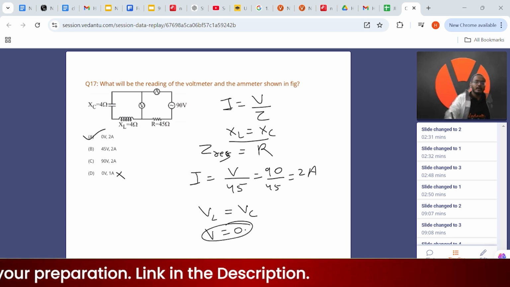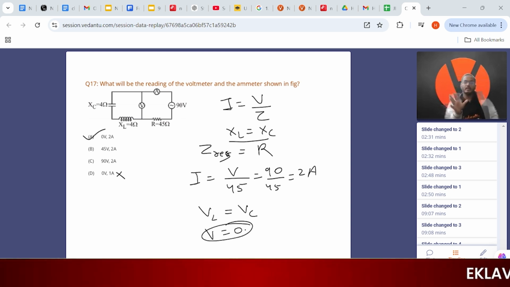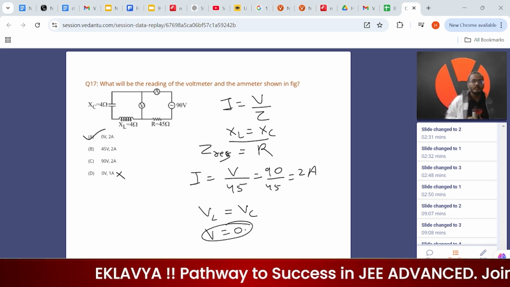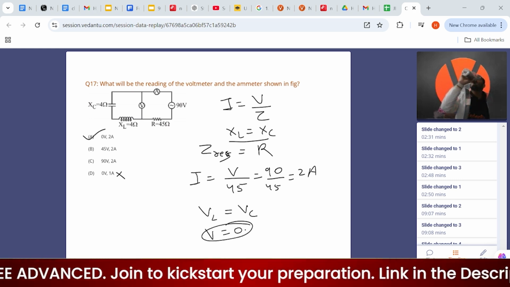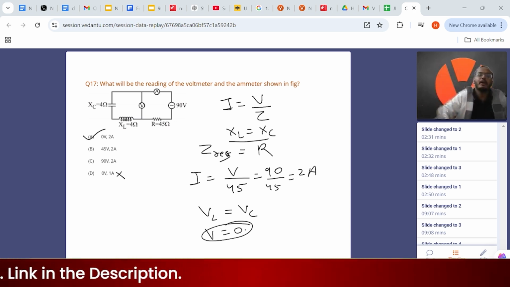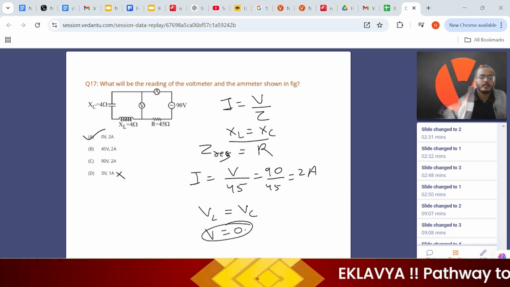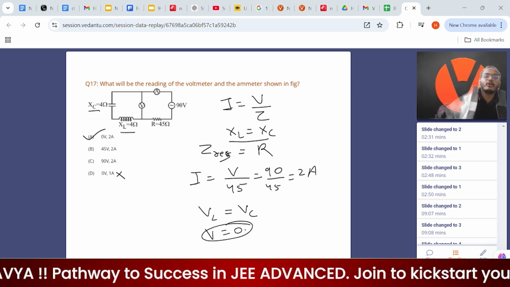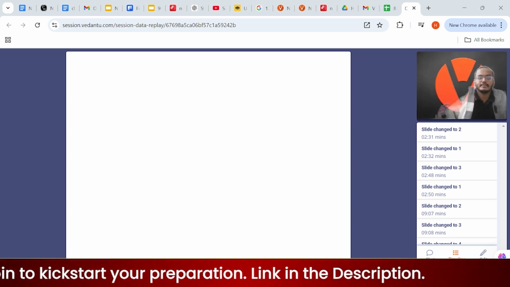Hence, option number A is the correct answer, because the circuit is in resonance. And the whole current will pass through the resistor only. This question was very easy. All you needed to find out was the resistance in the circuit, and that's it.